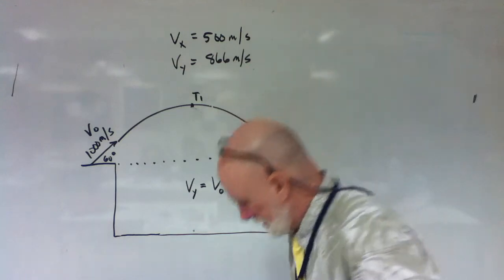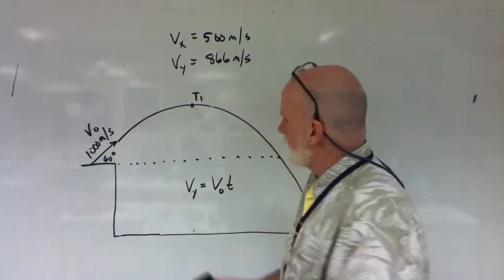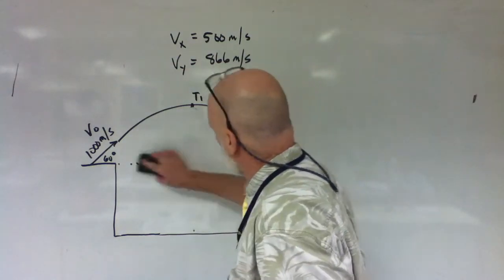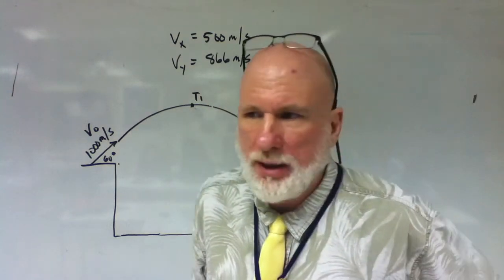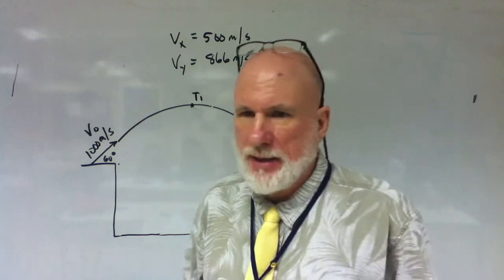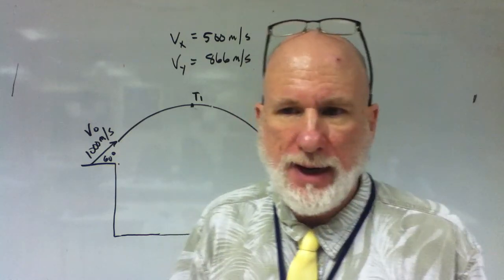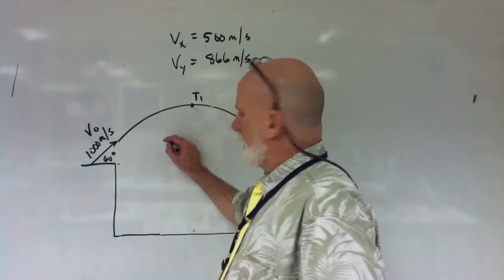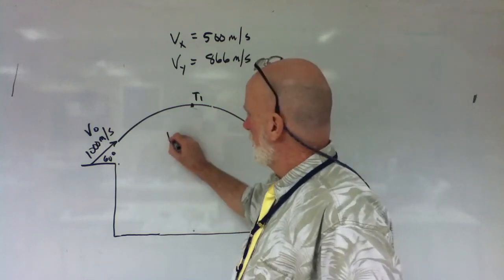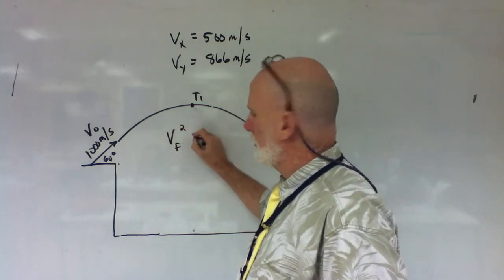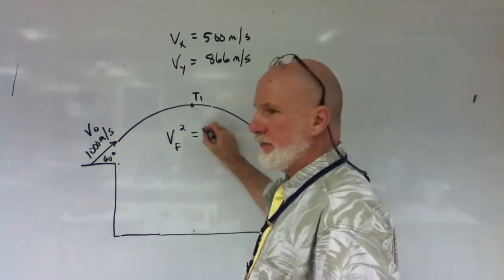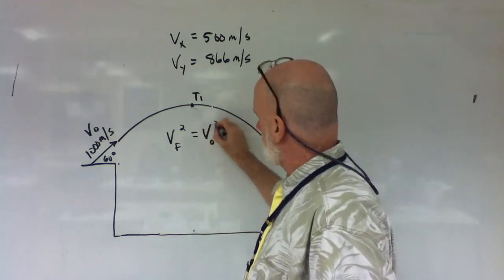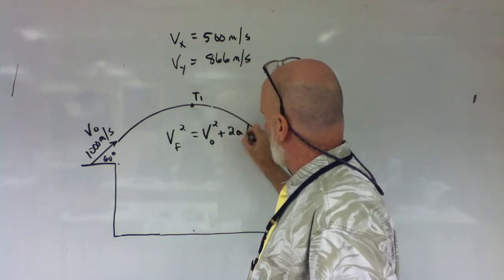Let's erase this and review the three equations. What are the three equations that I said are paramount in figuring out any of this? Isn't it going to be Vf squared equals V naught squared plus 2AD, right?